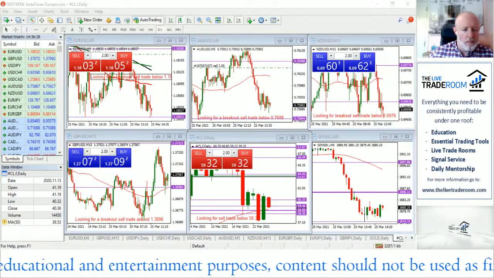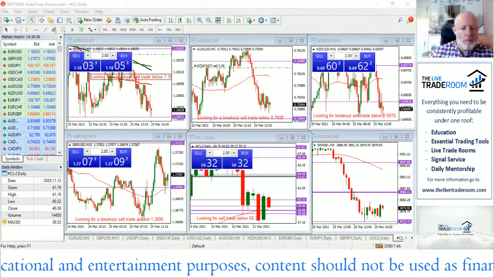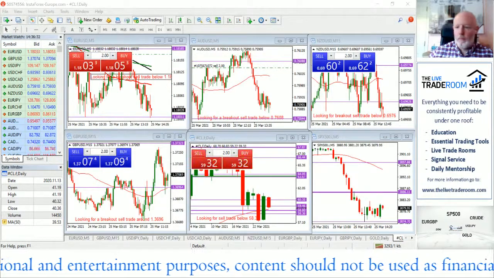The PBOC here reiterating the need to keep prudent monetary policy flexible.